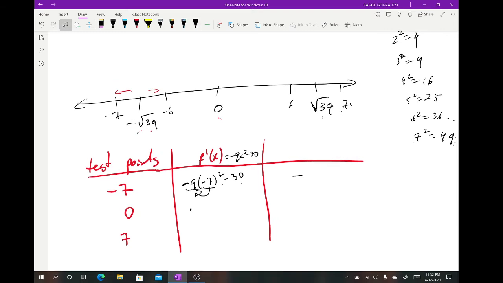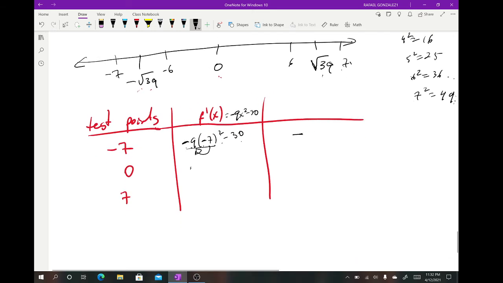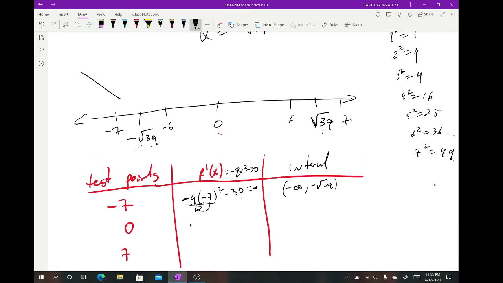And when you add a negative number to a negative number, you get a negative number. So on the left side of -radical 39, meaning the interval from negative infinity to negative radical 39, we have a negative value. This is going to be negative. So that means that the function is decreasing on this interval.